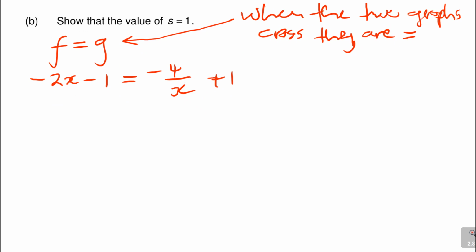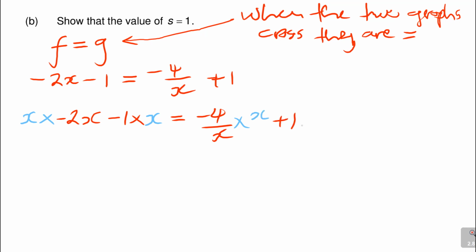So you multiply everything by x. So in a way, you are saying x times minus 2x, and then minus 1 times x is equal to minus 4 over x times x, which is the one that we don't want, and then plus 1 times x.